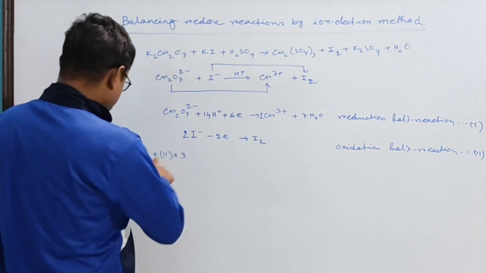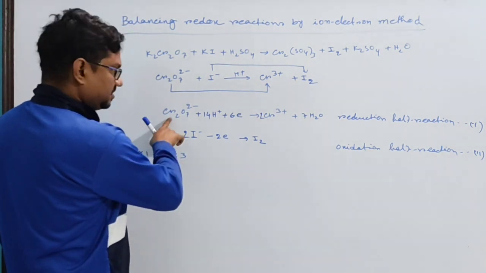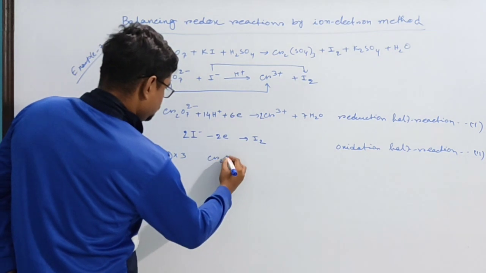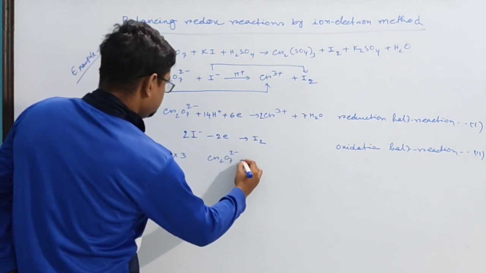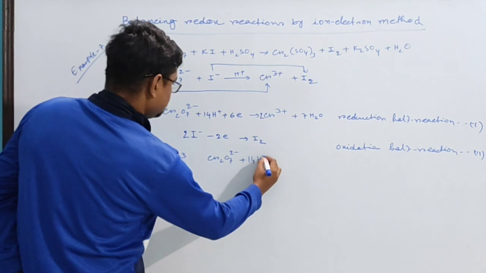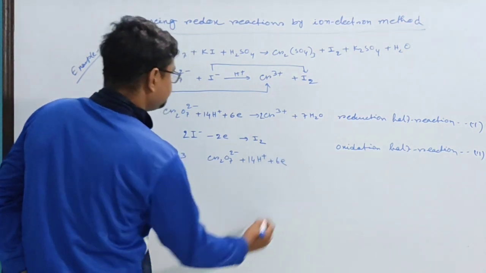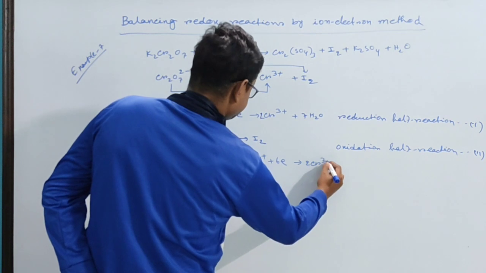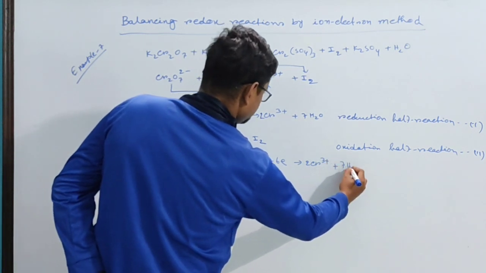Since the first reaction is multiplied by 1, it will be as it is. So Cr2O7 2 minus plus 14H plus 6 electrons will give 2Cr3 plus 7H2O.